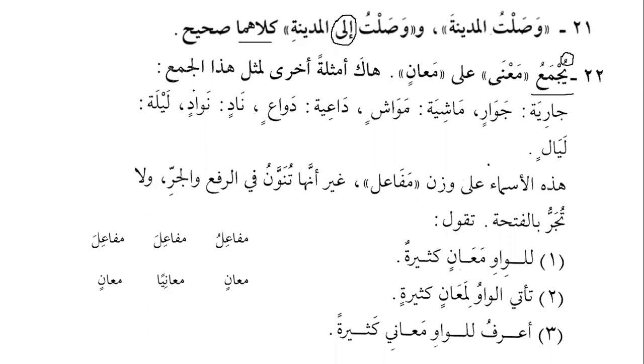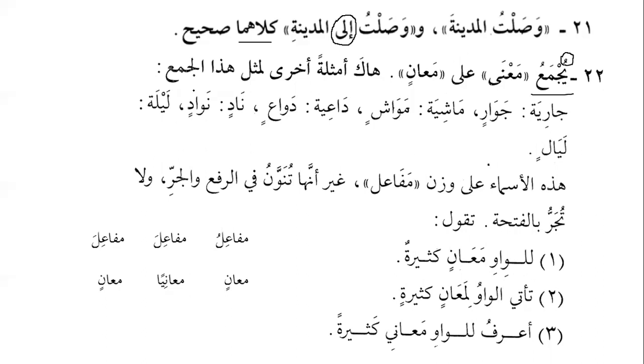So the first one is jariyatun, the feminine. Jariyatun, can you figure out the root letters, or on what pattern this is? What is the wazn of jariyatun? Fa'ilatun. Fa'ilatun, excellent.